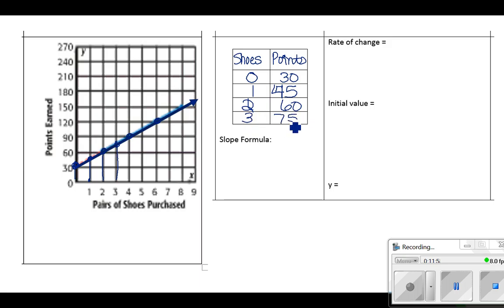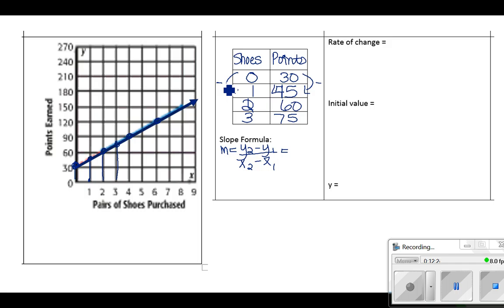Now I can use this to find the slope and plug it into the slope formula. So m equals y2 minus y1 over x2 minus x1. I'm going to go this direction on both sides.